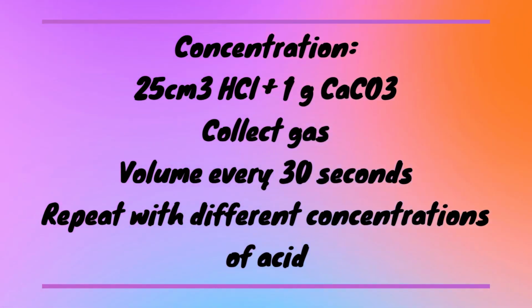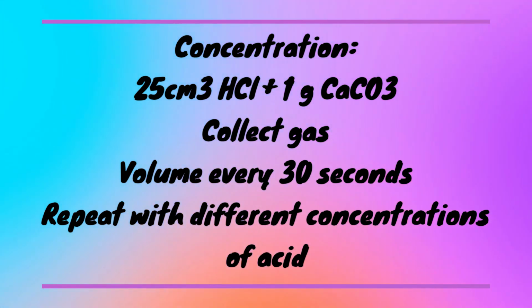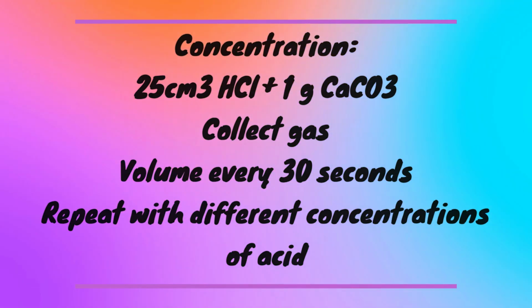Now the experiment for this is to add 25 centimetres cubed of hydrochloric acid with 1 gram of marble chips, so calcium carbonate. We then collect the gas, measuring and recording the volume every 30 seconds, and repeat with a different concentration of acid.